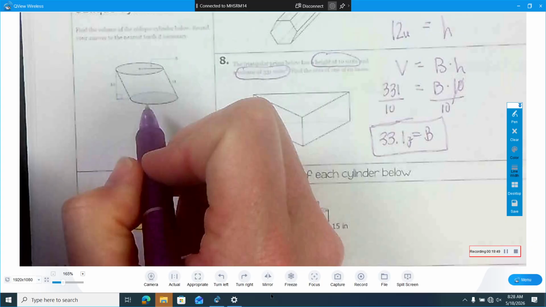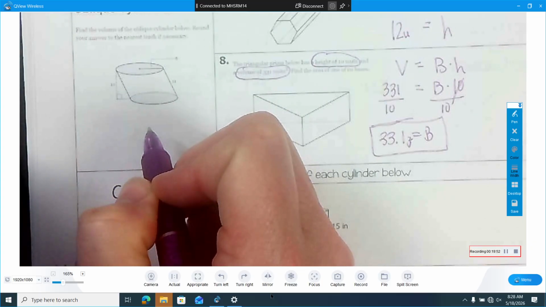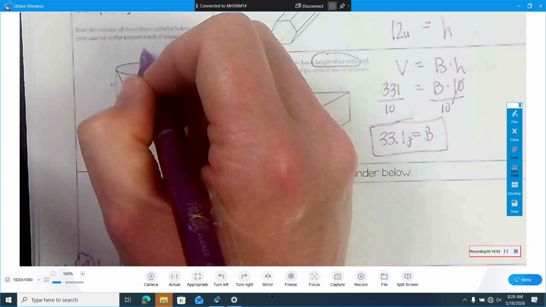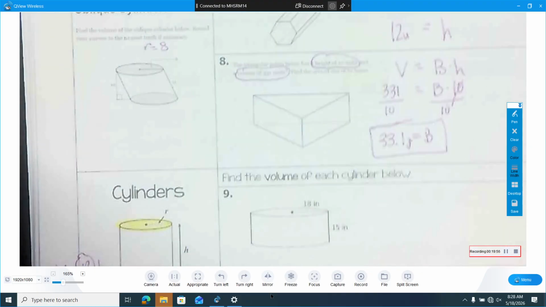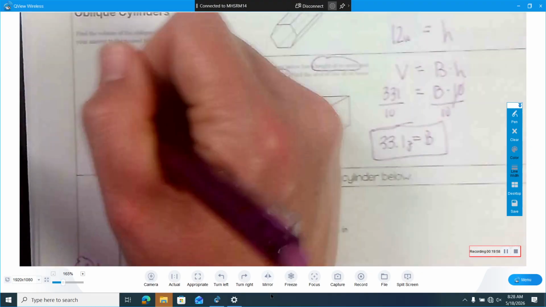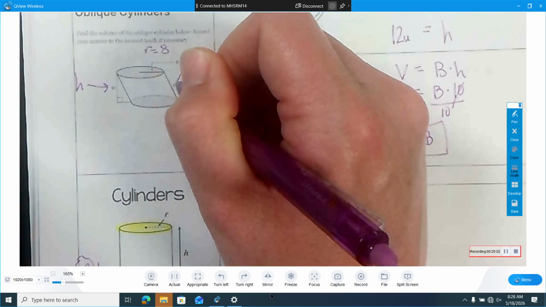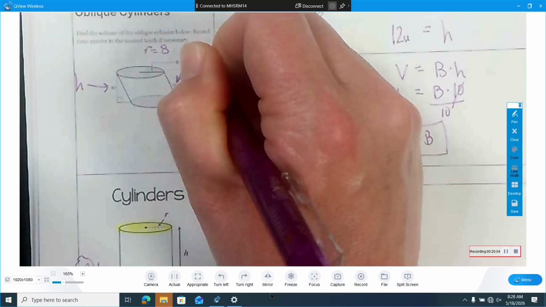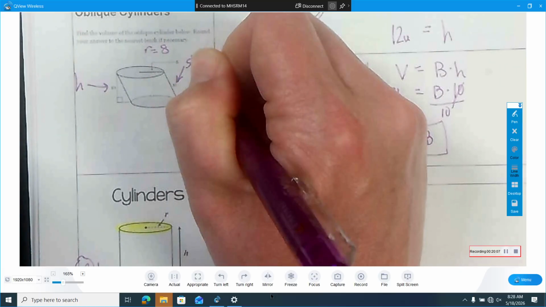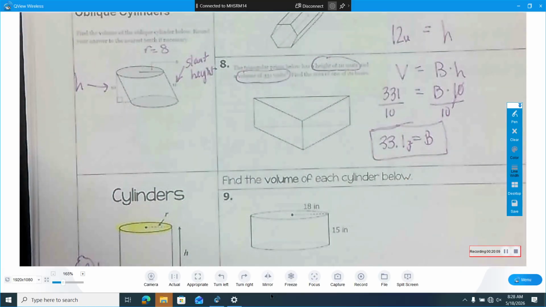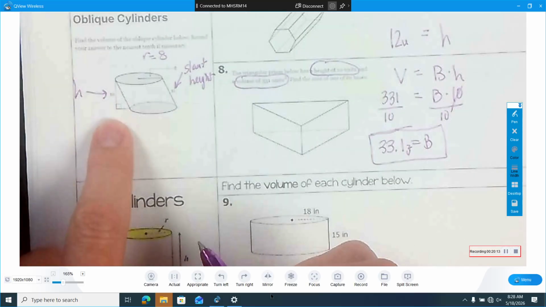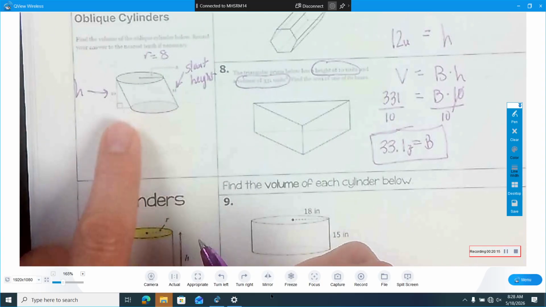What's our radius? 8. So the radius is 8. And what's our height? 10. Don't be confused. This 10 is the height. 11 is what we would call a slant height because it's slanty. All right? It's not perpendicular. Heights are always perpendicular to their bases.